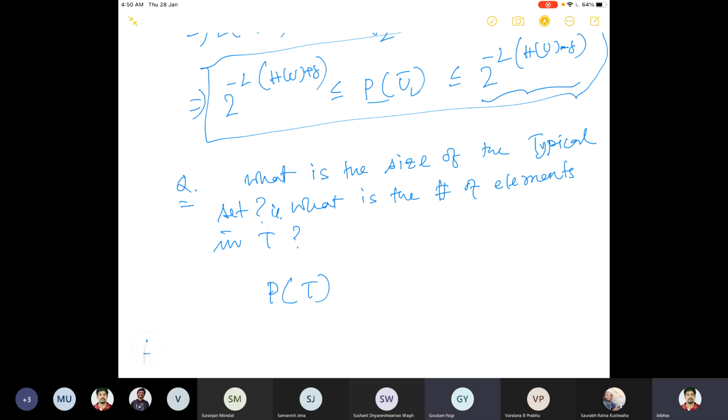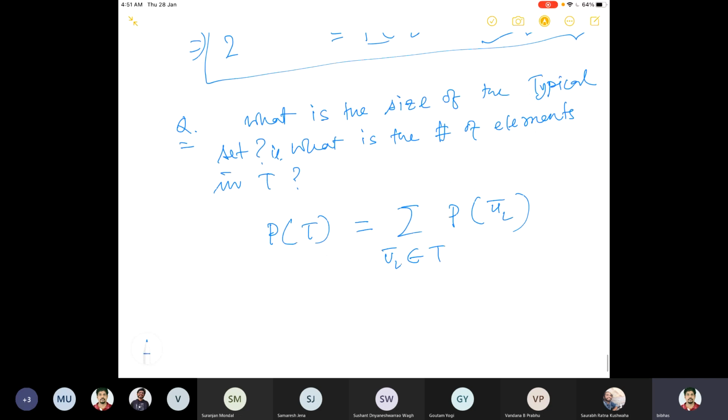By taking the sum of each. Yes. So let us take the sum. The probability of T is the sum of the probability of u_L bar, for all u_L bar in T.